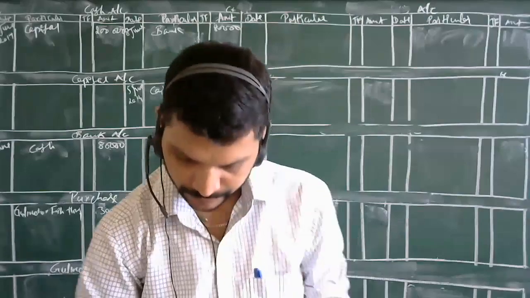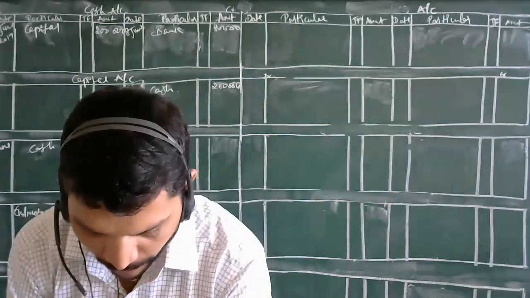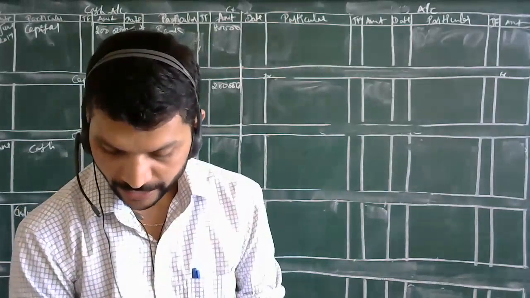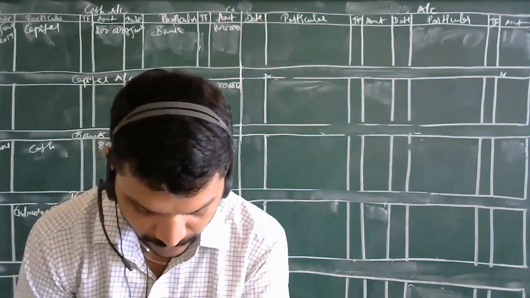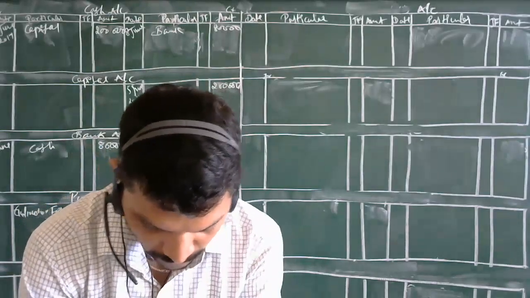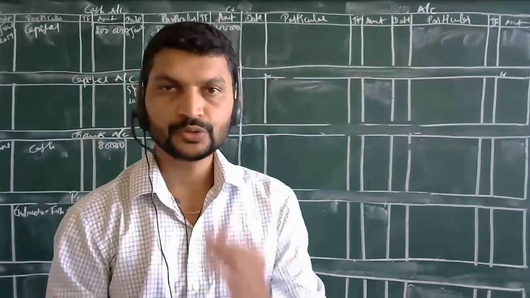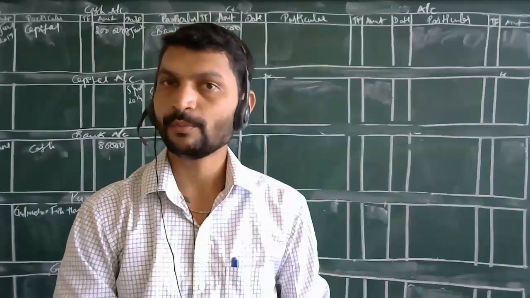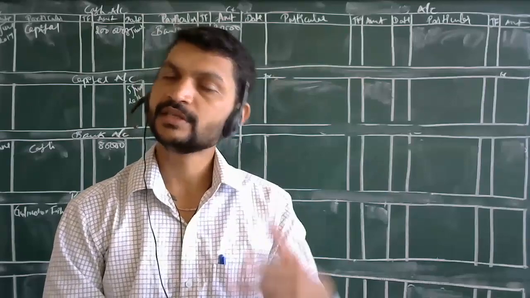Now next one. Purchased office machinery and paid by check. You have purchased office machinery and you have paid by check, 20,000 rupees. So what will be the new account? Office machinery account debit to bank account. You are paying through bank. By check you are paying, means bank only.